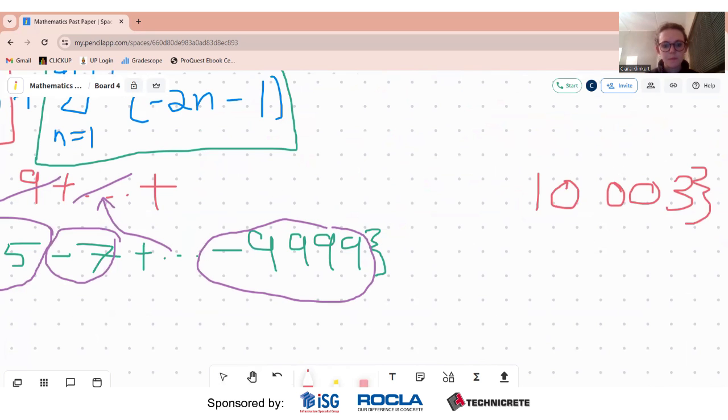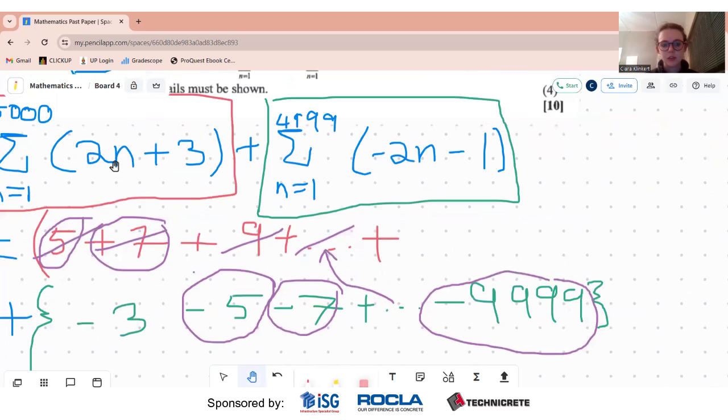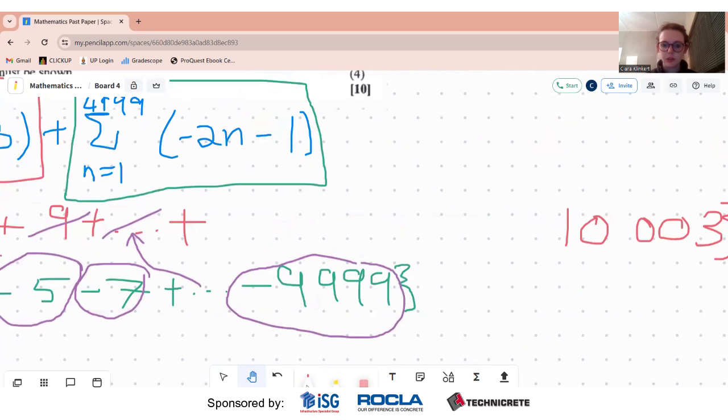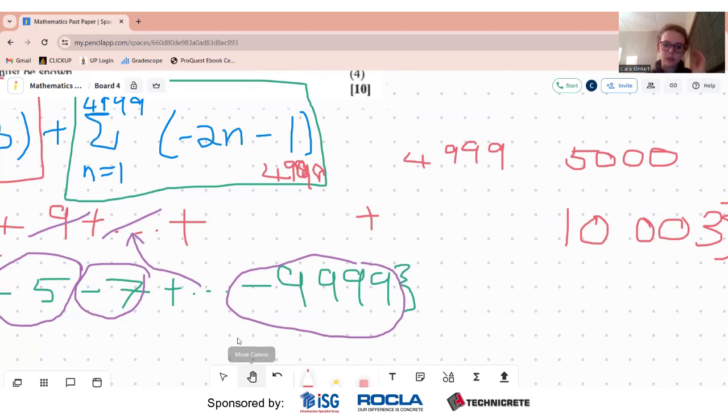So if I go back to the formula, it's 2n plus 3. The last term is the 5,000th term. So I want to calculate the 4,999th term and the 4,998th term.